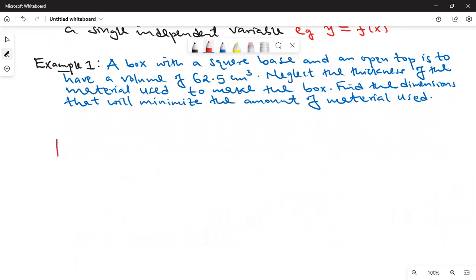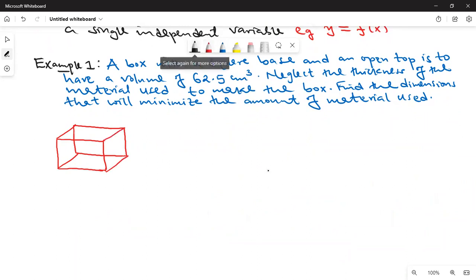We sketch just a rough sketch of that box, something like this. So remember, the top is open. Take note of that, an open top.